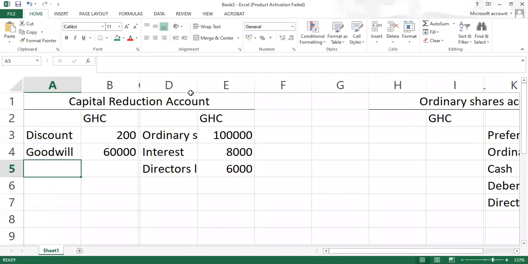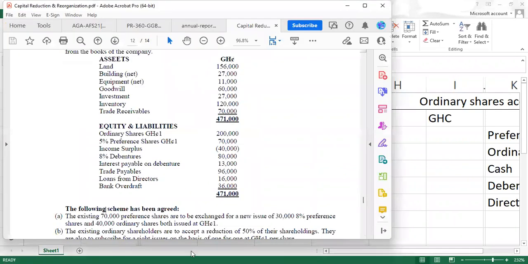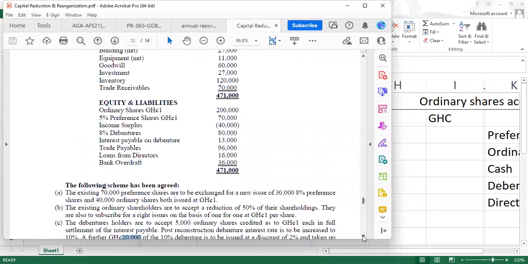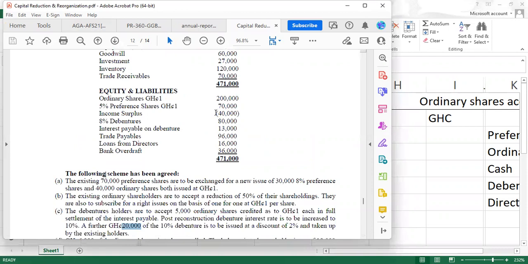What of the retained earnings, the income surplus? Is it going to be a gain or loss? It will reduce our value, so it will be a loss, because they are owing us.